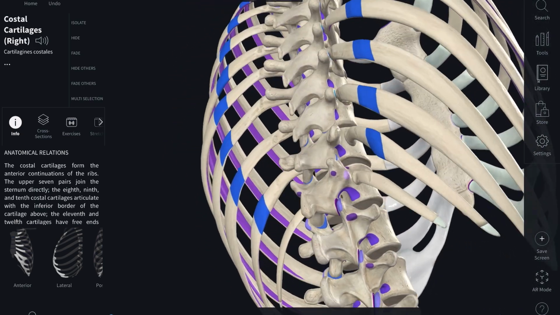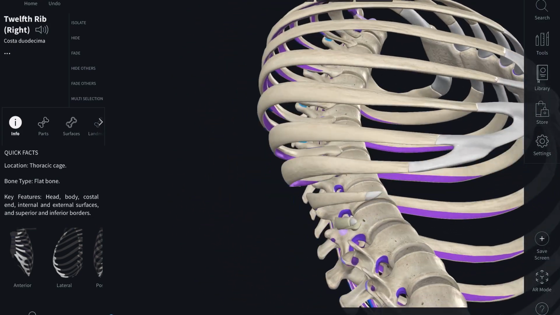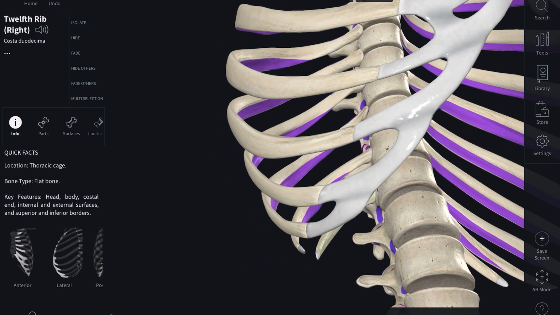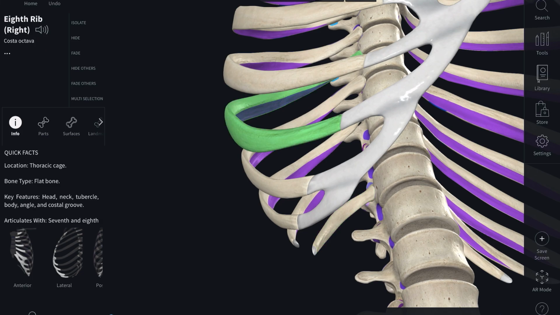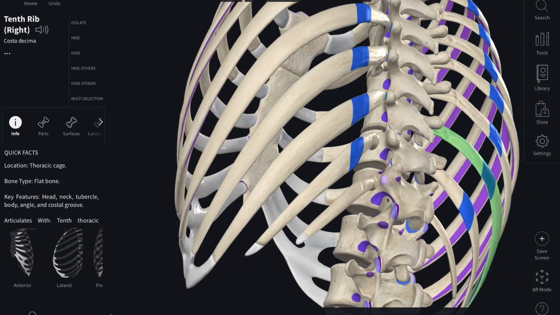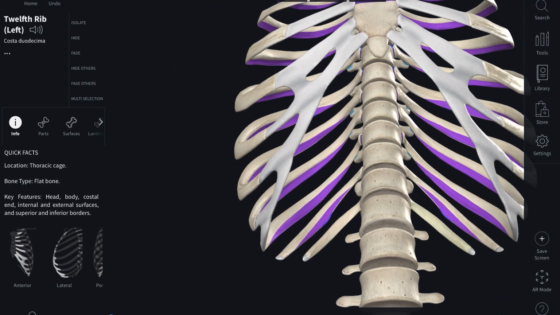And then you have your false ribs, or floating ribs, sorry. The last 2 are floating ribs, 11 and 12. 8, 9, and 10 are going to be false ribs, is another name for them. And then you've got your floating ribs right there.